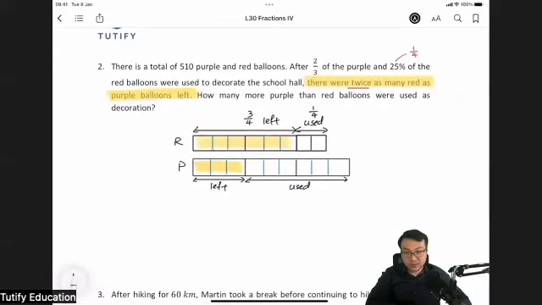Now that I've already drawn the model, they are telling us the total number of balloons. Can you tell me how many is the total number of balloons? 510. Good. So how many units equals 510?